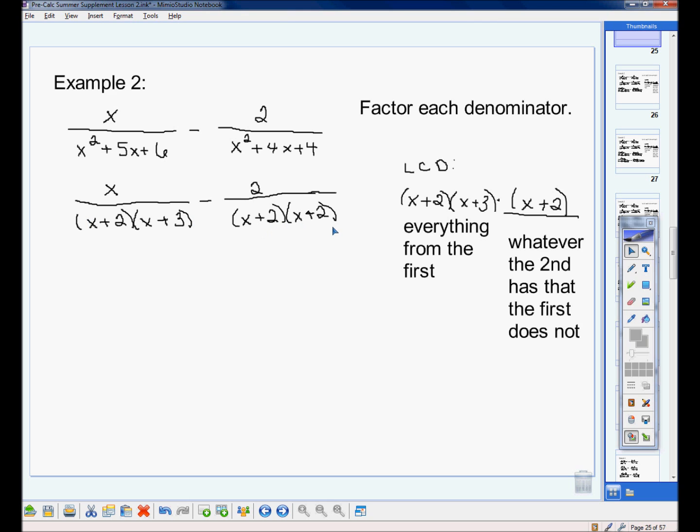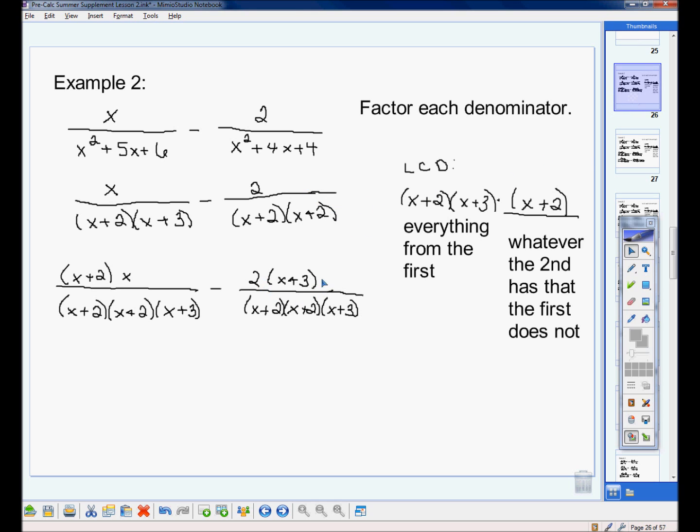What does this one need? That's right, it needs an extra x plus 3. So we're going to multiply this one by x plus 3 over x plus 3. And there they are. So as I was saying, this one needs an x plus 2 over x plus 2. This one needs an x plus 3 over x plus 3 in order for the denominators to both have two x plus 2's and an x plus 3.